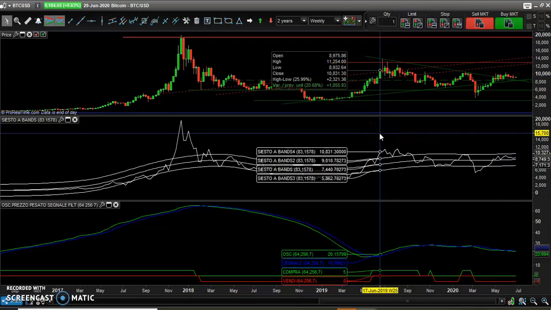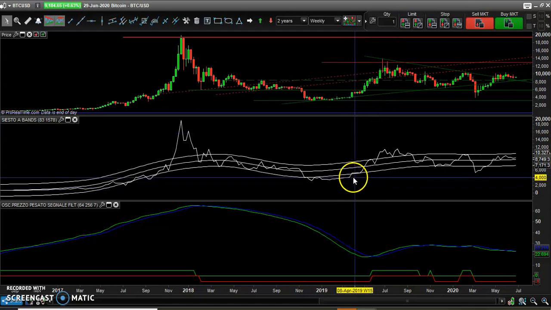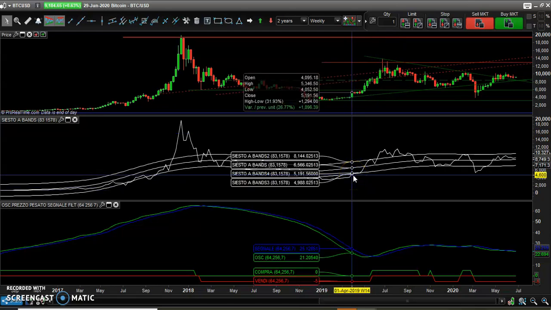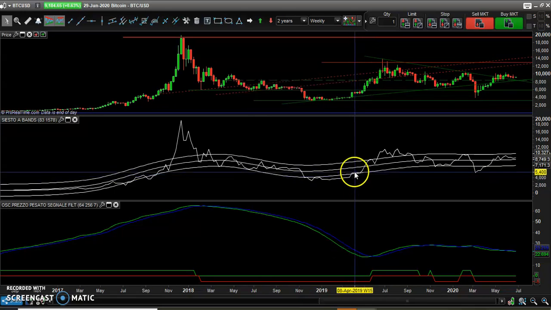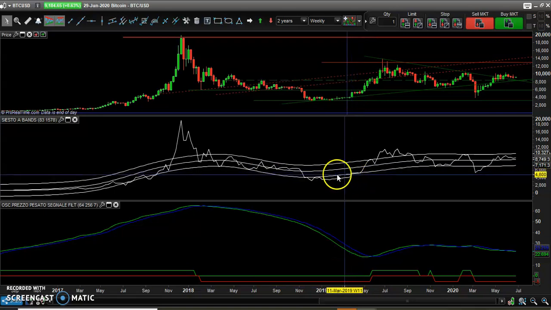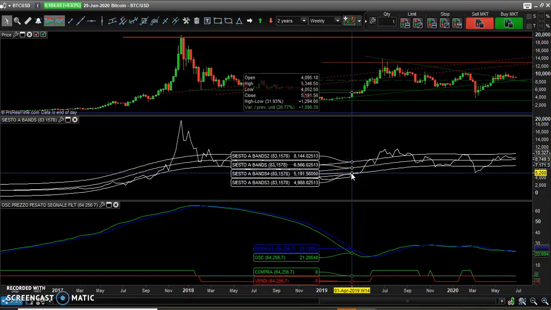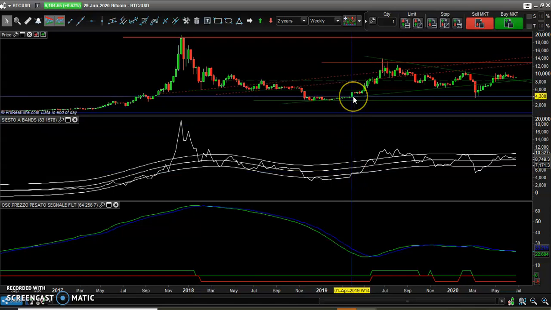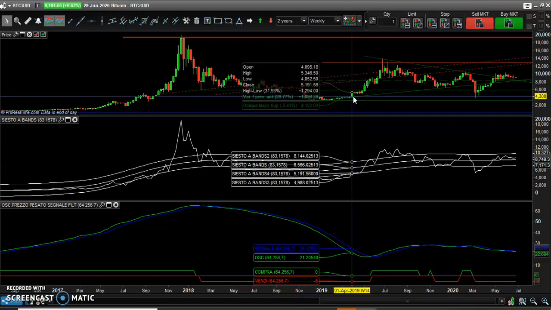So now let's move to the Siesto A bands. As you can see here, the Siesto A bands are really a powerful tool to predict future price movement, because every time the price crosses above the lower band, we trigger a long trade, a long position.